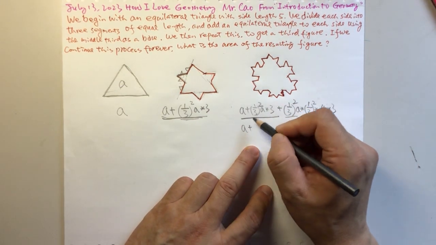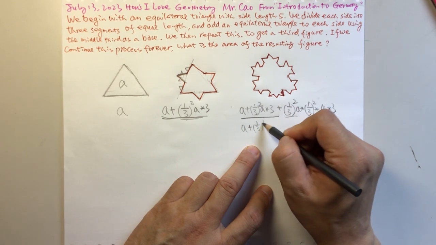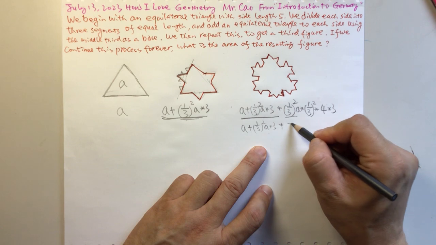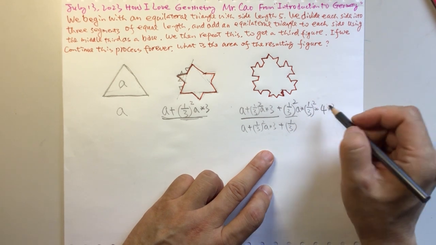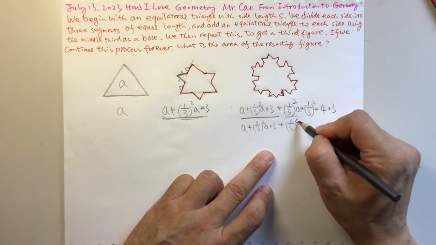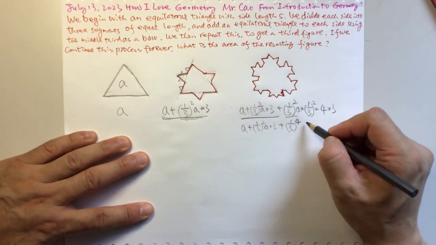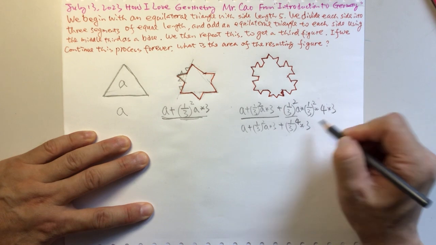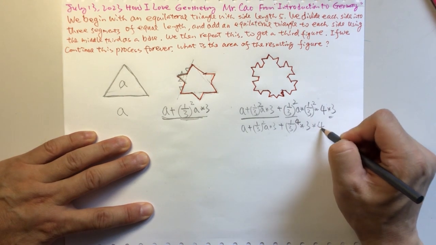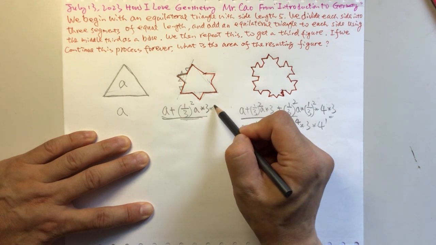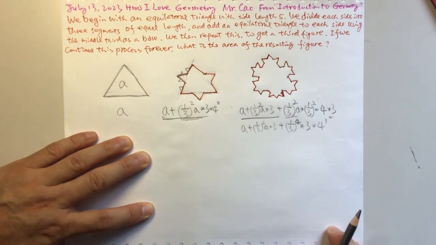So A plus 1/3 squared times A times 3, plus this 1/3 to the 4th power, right? To the 4th power, we can times 3 here, then times 4 to the 1st power. And for this one, we know we can times 4 to the 0 power, right?